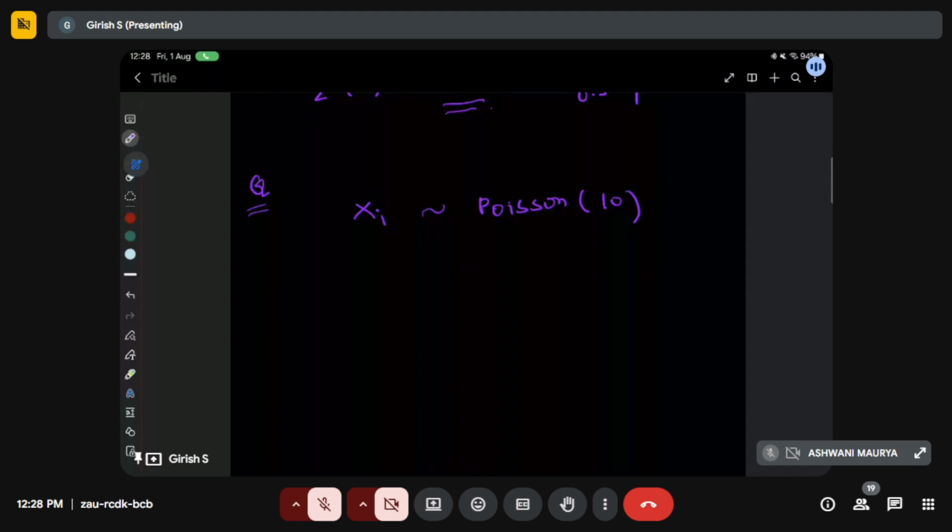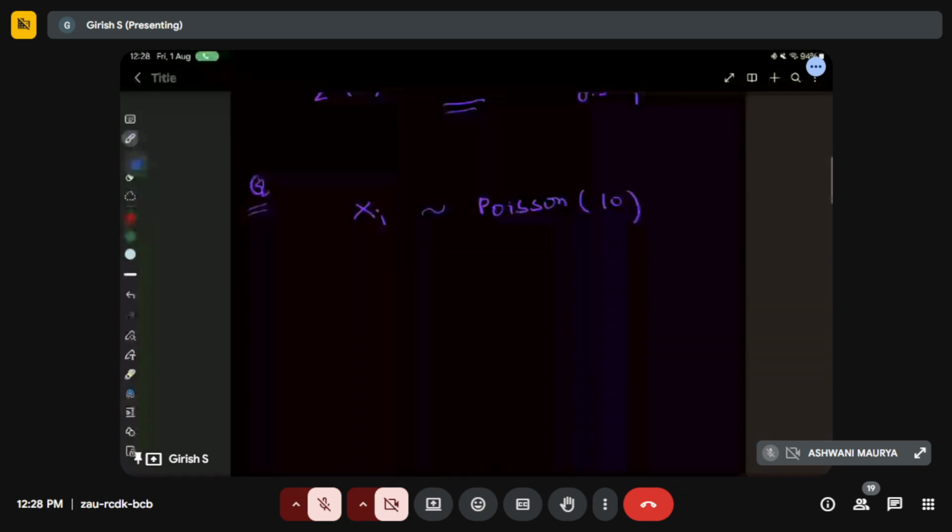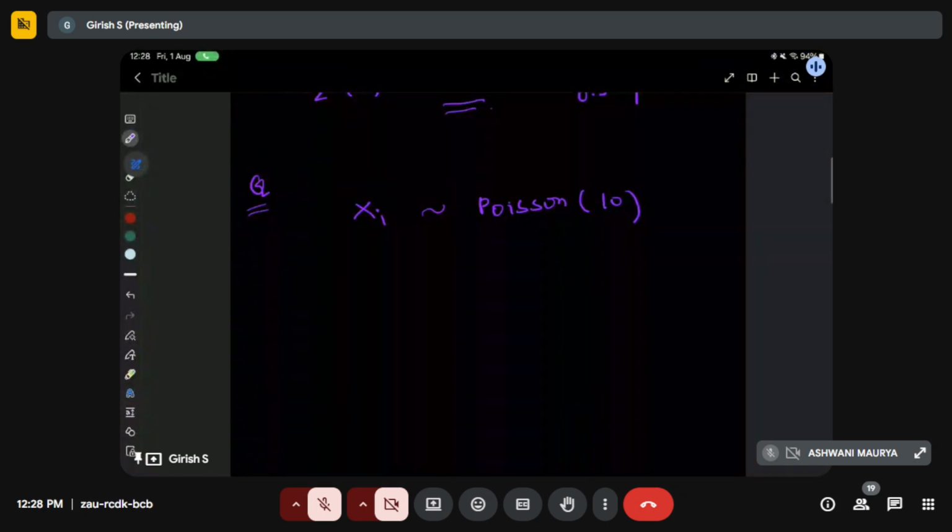So we are given a Poisson distribution with the mean rate of orders. Mean is actually 20. The store operates for 10 hours daily, so if it is Xi, this Poisson distribution is for 1 hour only.